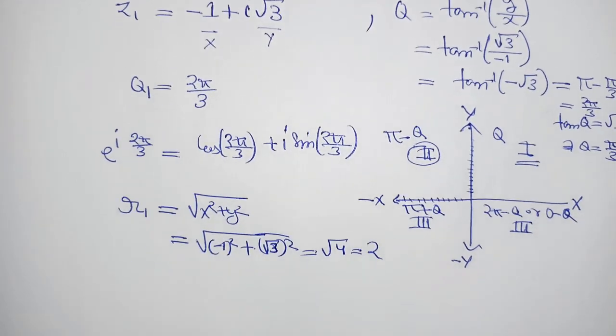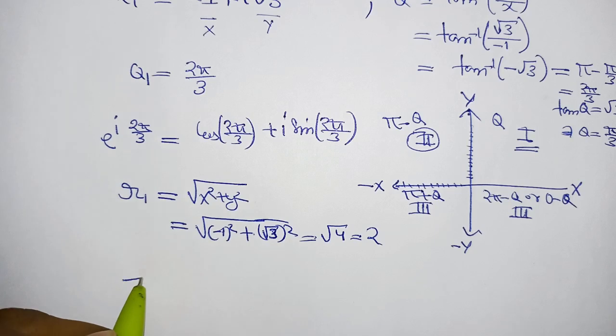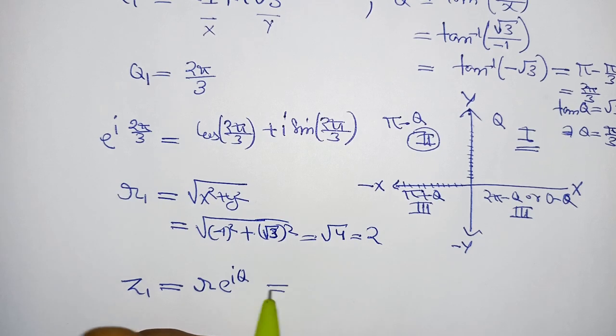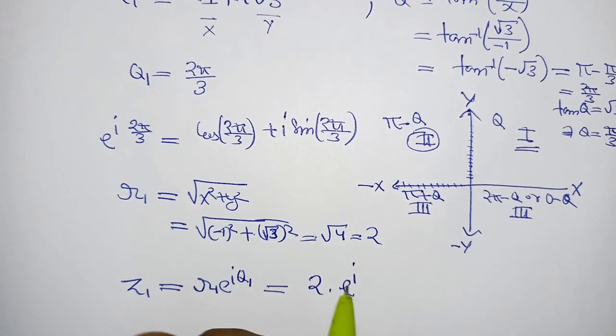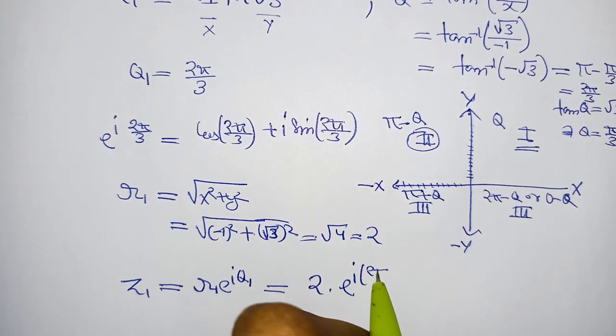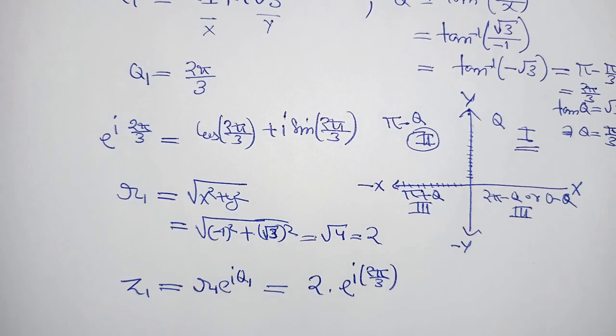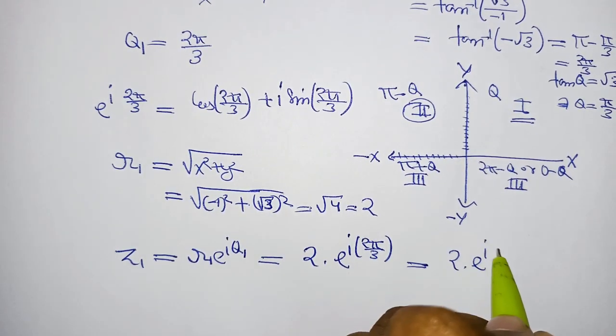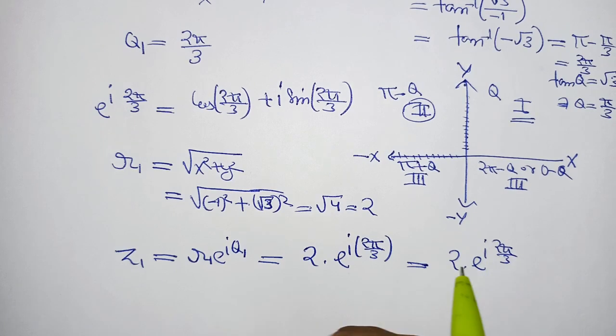So finally, when you express z1 in exponential form, we have z1 equal to r e raised to power i theta, where r1 is 2 and theta 1 is 2 pi by 3. So z1 is equal to 2 into e raised to power iota 2 pi by 3.